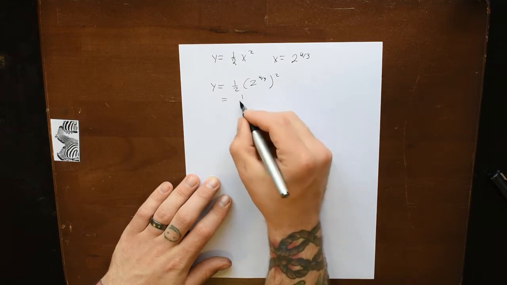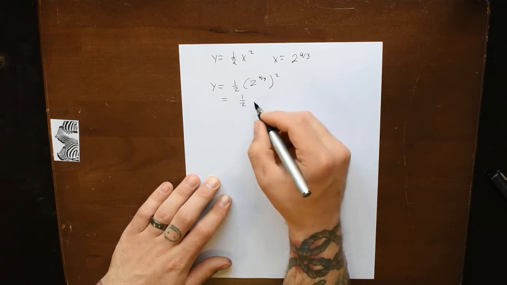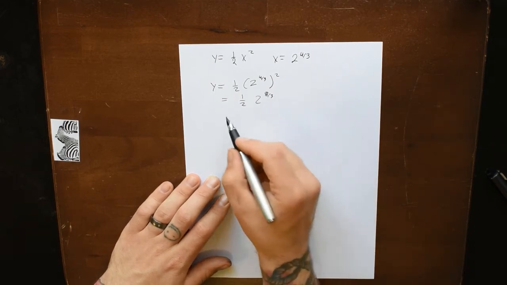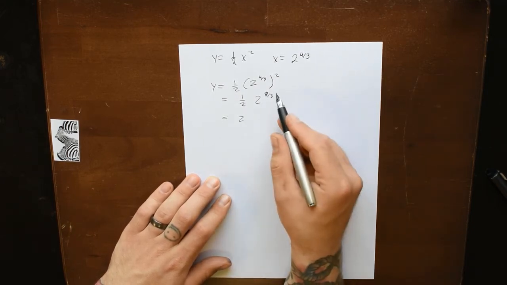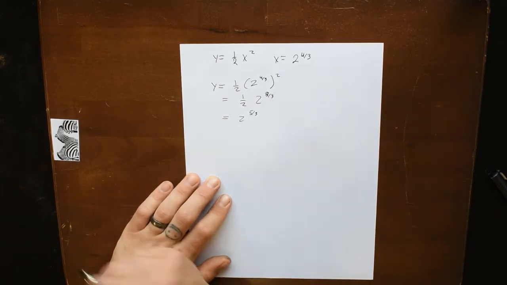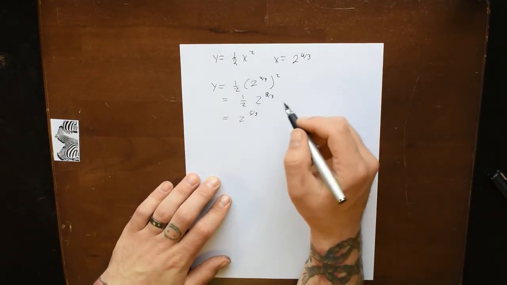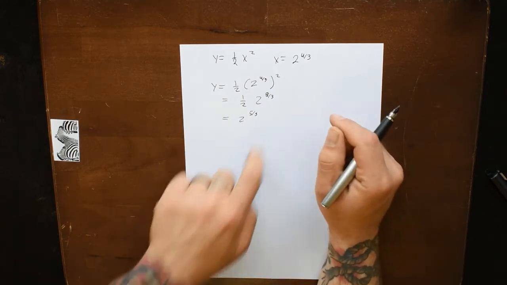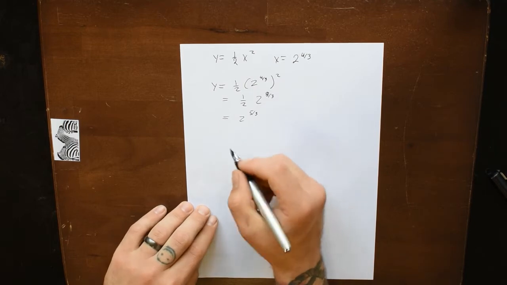That's equal to 1/2 of 2 to the 8/3, which is equal to 2 to the 5/3. Because remember, dividing by 2 is the same as multiplying by 2 to the -1, and we add our exponents.